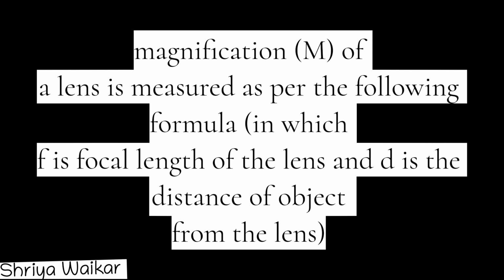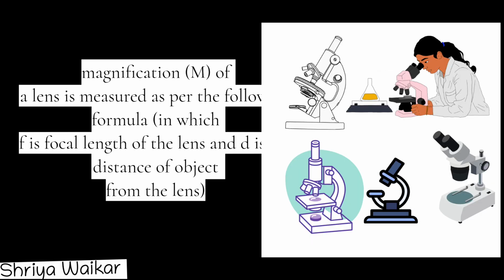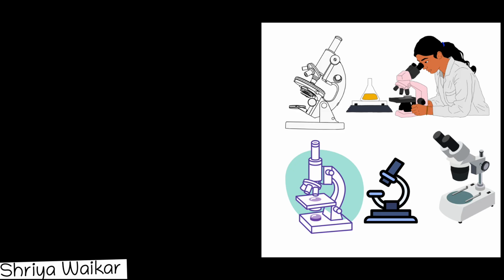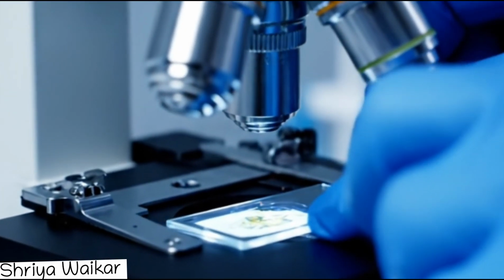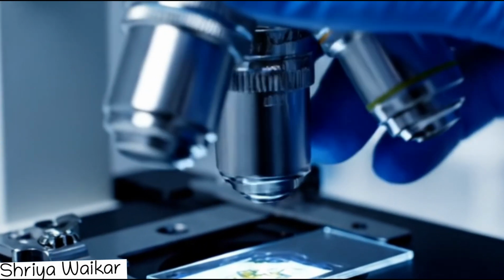The microscope used in the laboratory is a compound microscope, in which there are two sets of lenses. One is the objective lens, which remains close to the object that is seen, and the other is the eyepiece, through which the observer can see.